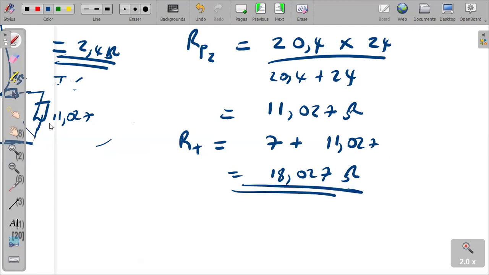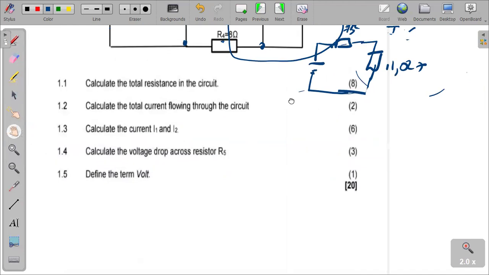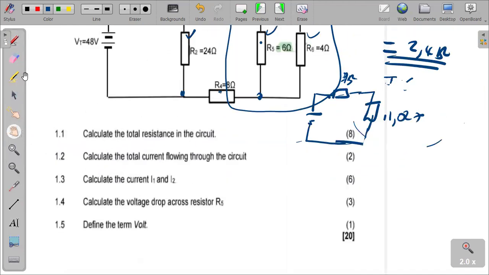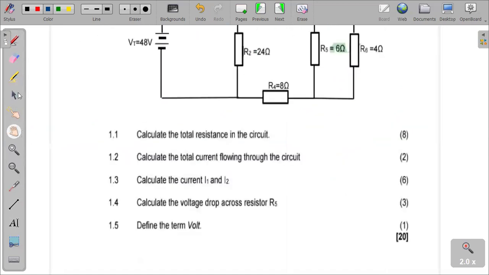The next question was to calculate the total current flowing through the circuit. I think it's now beginning to be a little bit repetitive. We can still use Ohm's law. What does it say? Current is equal to Vt over RT, making total current the subject.